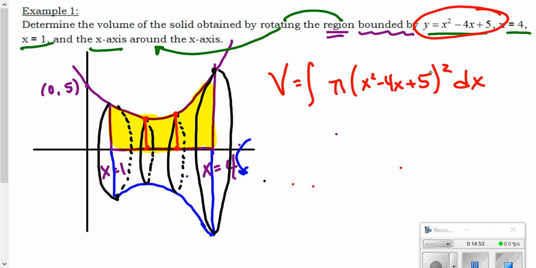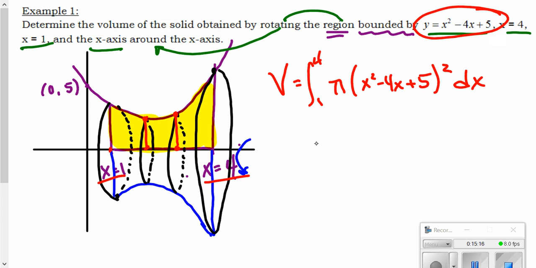Okay, but I didn't write that. And then my bounds, because I have dx, would be x goes from blank to blank. So x here starts at 1 and it goes up to 4. Okay, now the focus of this really is going to be on setting up the integral, because at this point you could throw that into your calculator using fnInt.